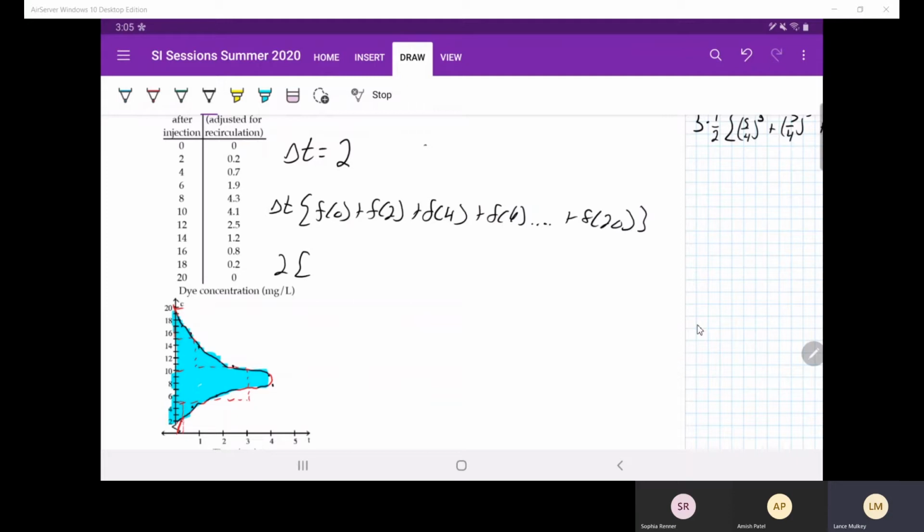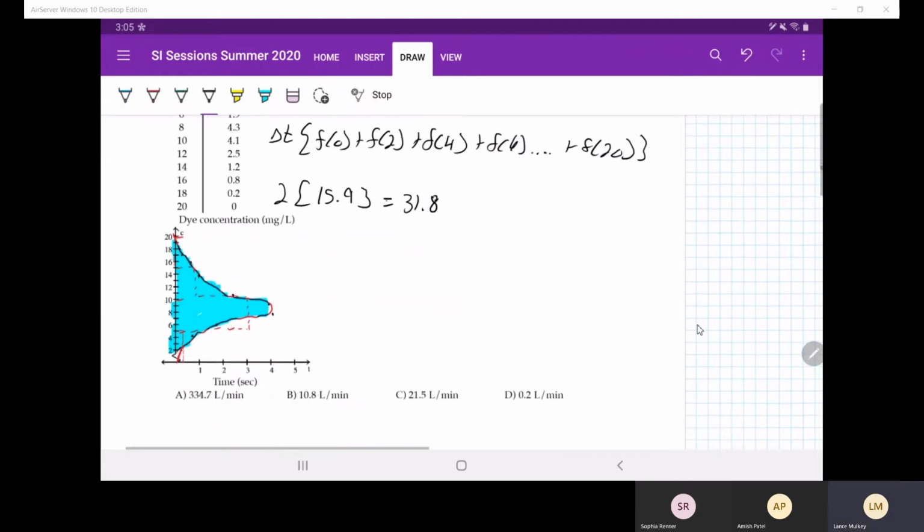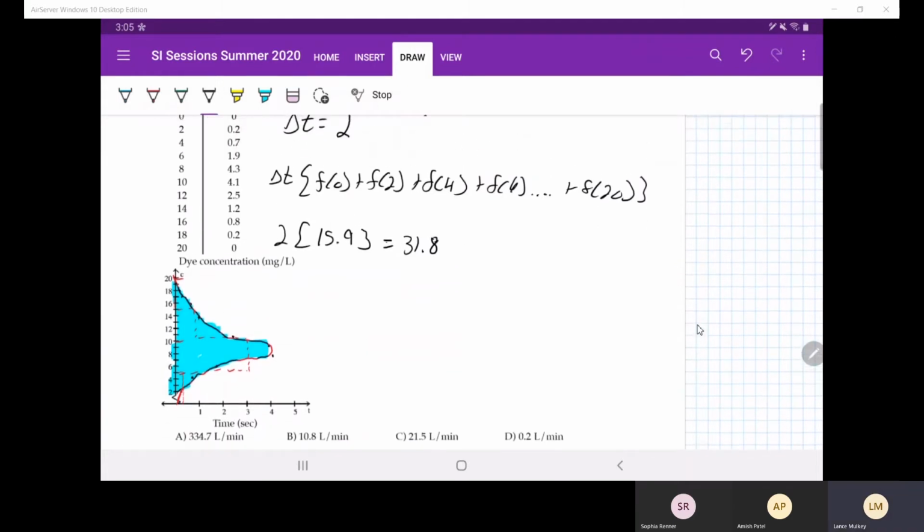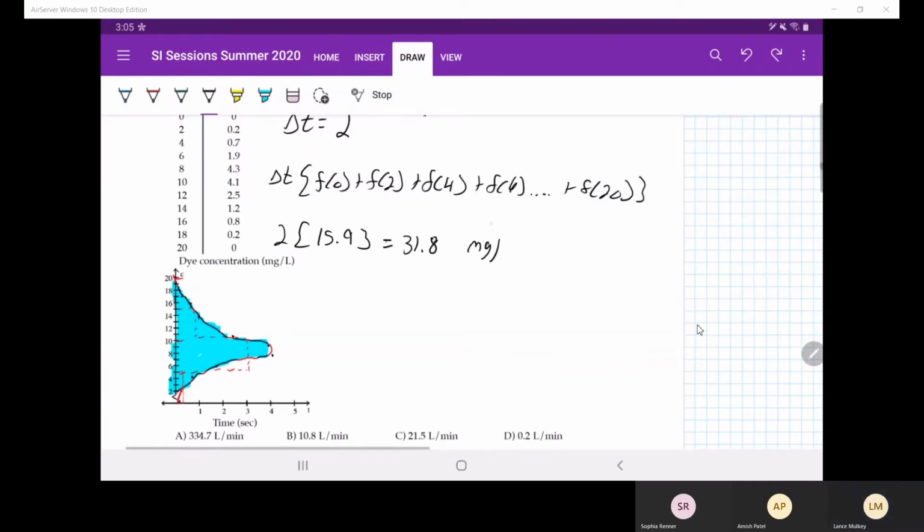When I looked at this last night, it looked easier than it was. So the area under the curve, I got 31.8 milligrams per liter per second.